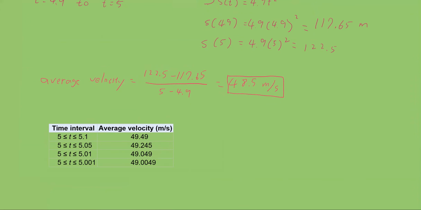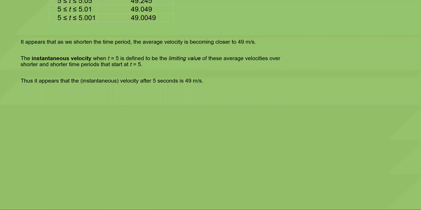Feel free to give that a try. From that, we can say we have shown that after a short period of time, the average velocity is becoming closer to 49 meters per second, based on our calculation from both sides.